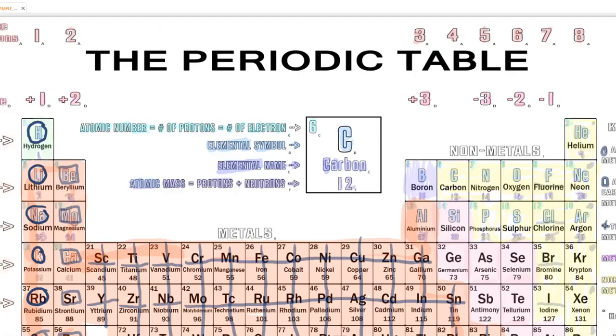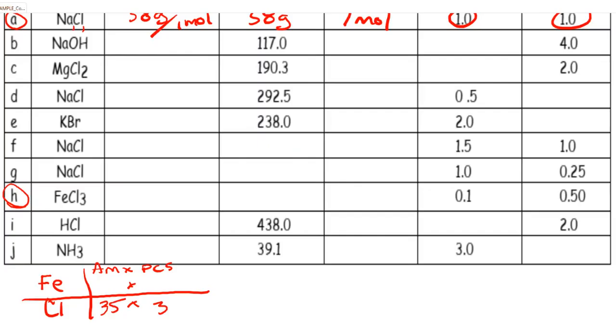So here's our handy dandy periodic table. Our atomic mass for iron is 56, and chlorine over here is 35. So we go back to our assignment. We have 56, and we have 1 piece. Remember, there's a hidden 1 as a subscript.